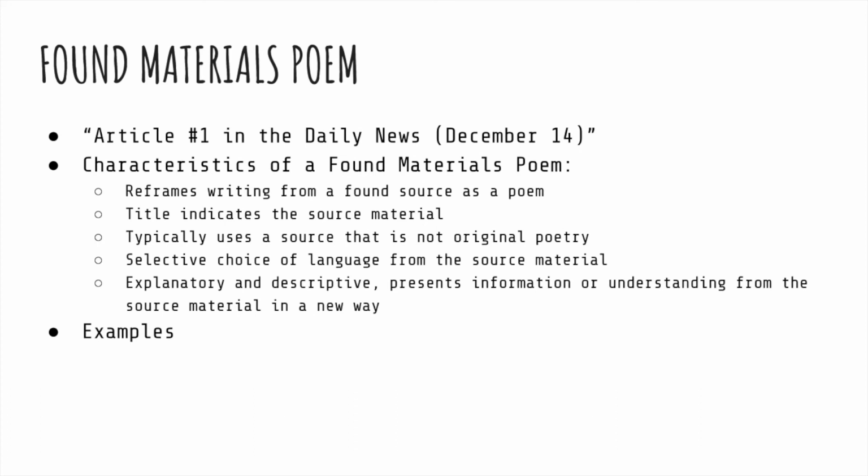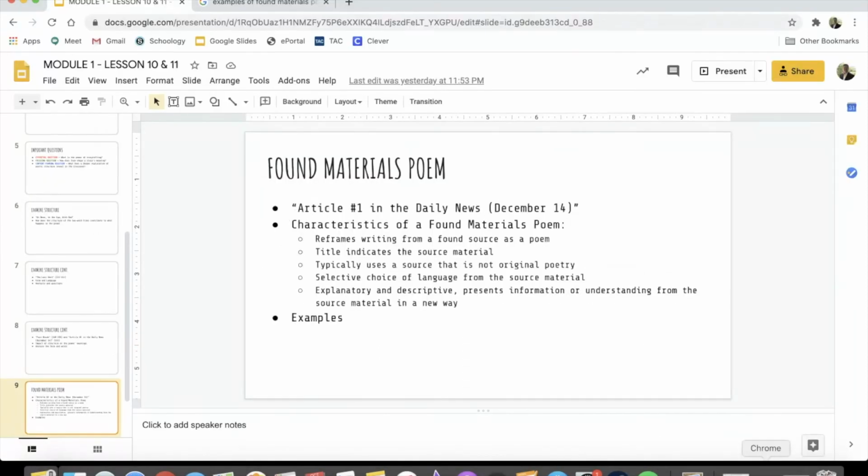They take certain words and try to turn it into a poem by putting in some of your own, and the words that you usually put in to combine with the words that you found are usually very descriptive and explanatory words, like descriptive and sensory language. You basically do that to help present information and understanding from the source material in a different way.